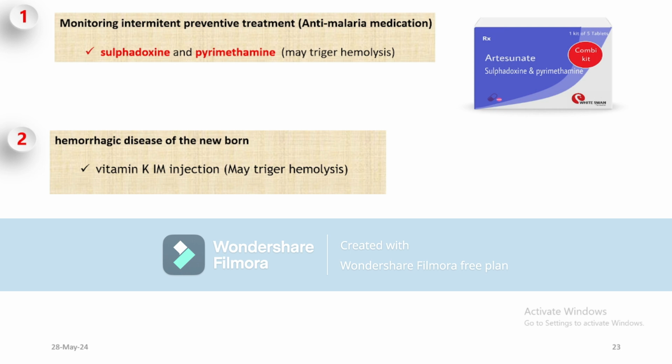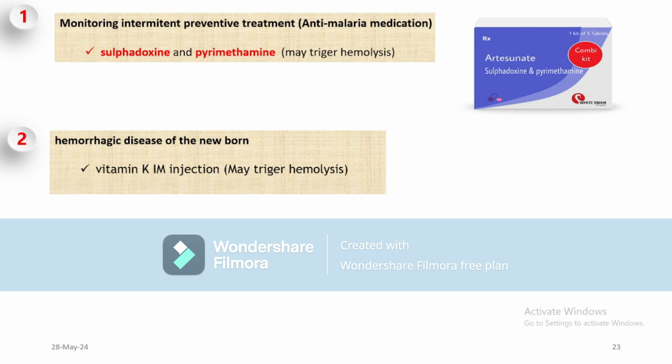Example is factor 2, dependent on vitamin K. But the newborns, because their liver is not matured, they can't produce vitamin K, let alone the clotting factors. So because they can't clot the blood, there is always bleeding. That's what we call hemorrhagic disease of the newborn.